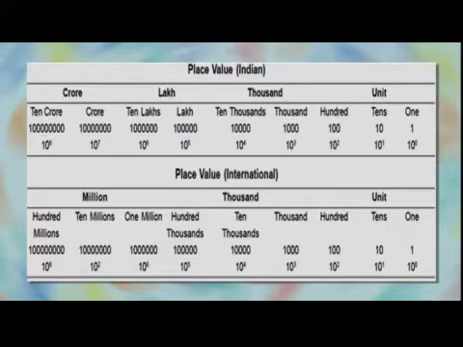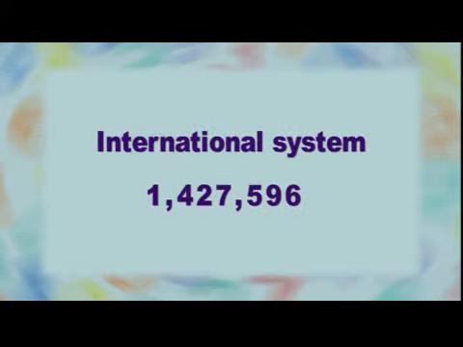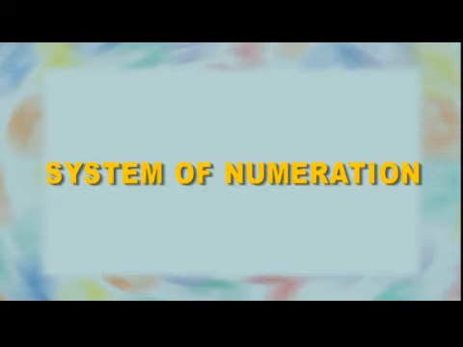We write the number shown in the place value house as 1,427,596. Converting between words and numbers, and vice versa, are important skills.